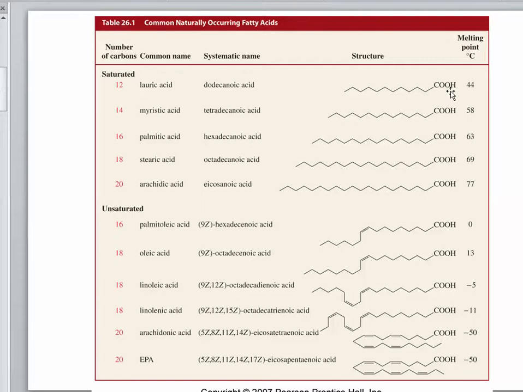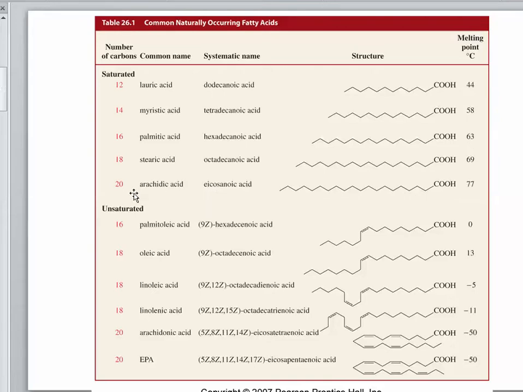So it's no longer your butanoic acid or your pentanoic acid or your hexanoic acid. These are 12, 14, 16, 18, 20 carbons long. So they do have systematic names that come along with them: dodecanoic for 12, tetradecanoic for 14, hexadecanoic for 16, octadecanoic for 18, and eicosanoic for 20.